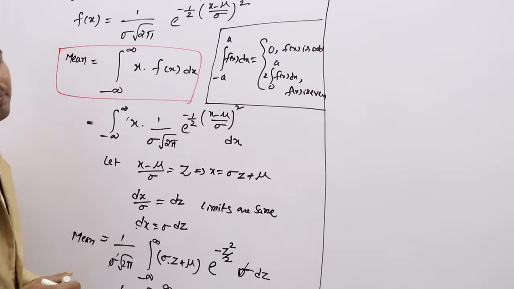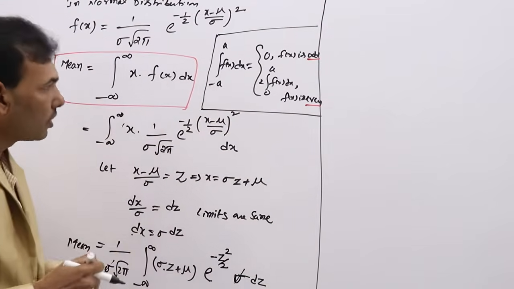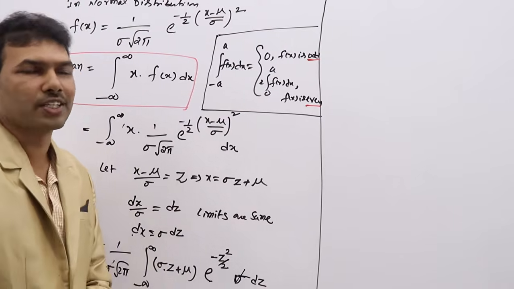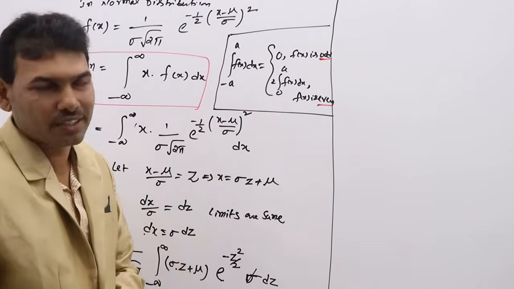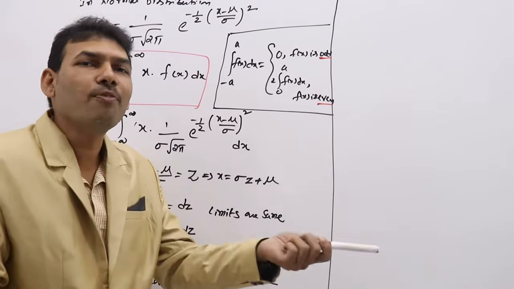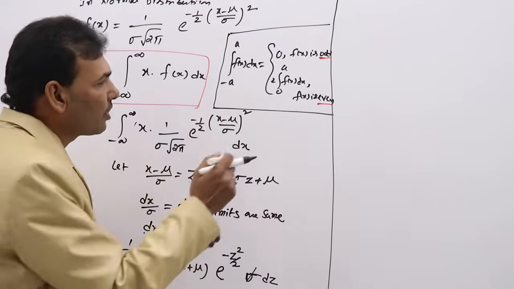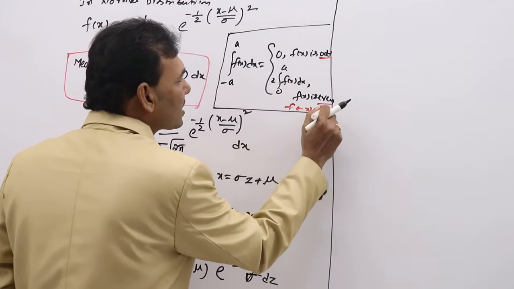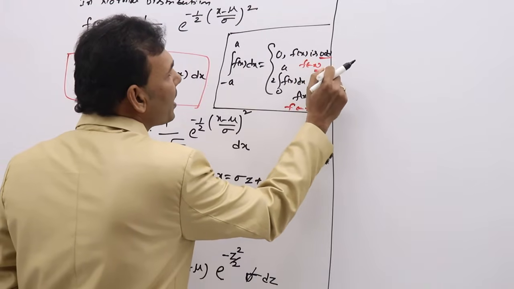A function is said to be odd if f of minus x equals minus f of x. Even function, if f of minus x equals plus f of x. Even means f of minus x is plus f of x. Odd is f of minus x is minus f of x.